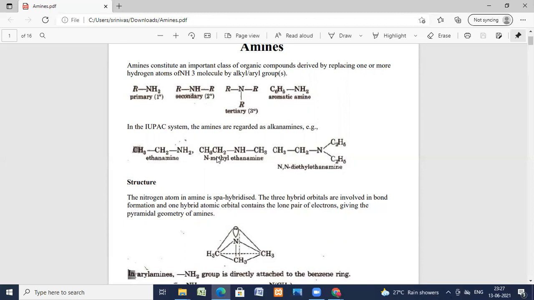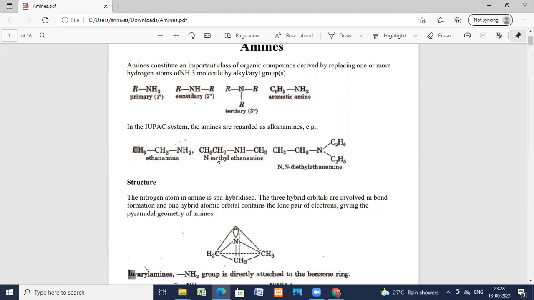Similarly, 1-propanamine and 2-methyl-1-propanamine. This way we can name them.